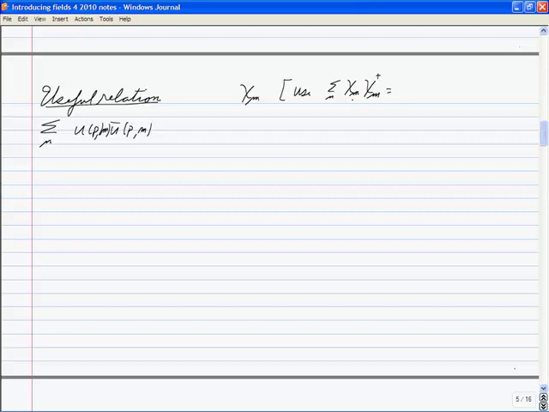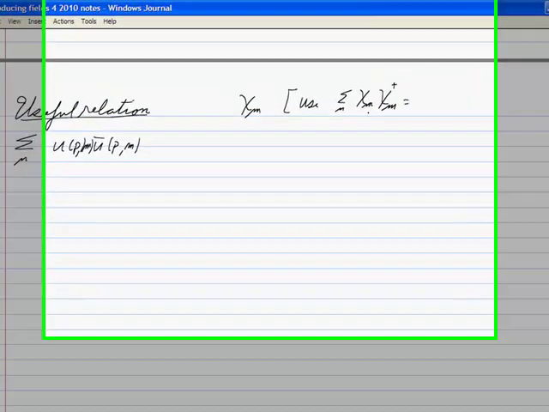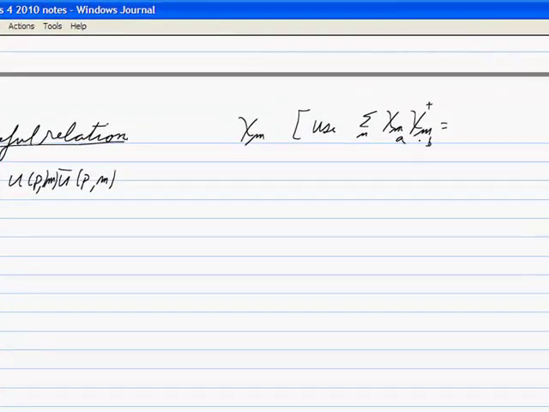This is a direct, so let's write this with A and B, so those are two component spinors.